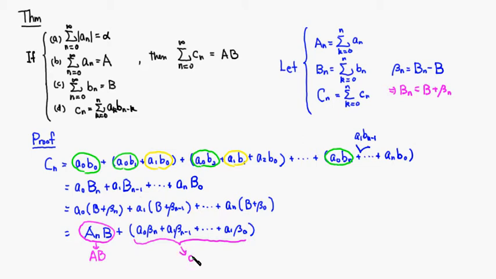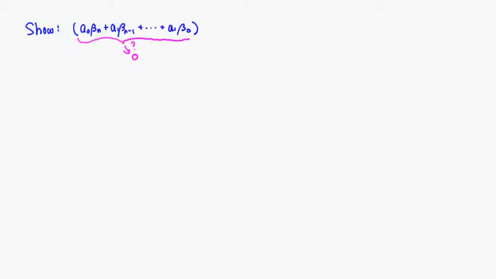So this goes to 0. We have to show that still. So let's prove that this remaining term approaches 0 on the next page. We are left to show this sum approaches 0 as n approaches infinity.